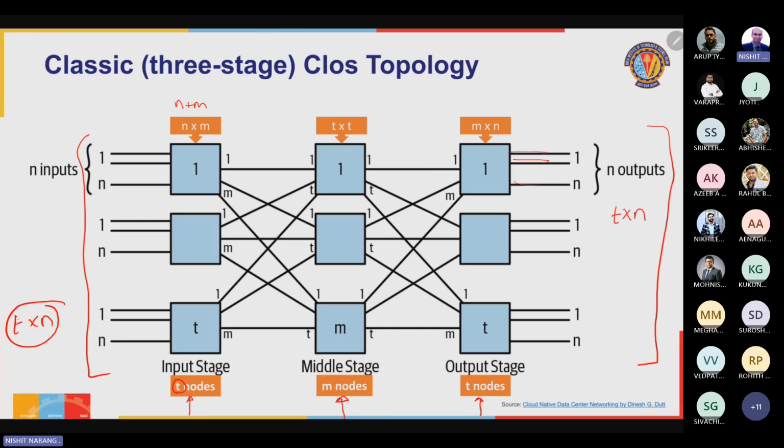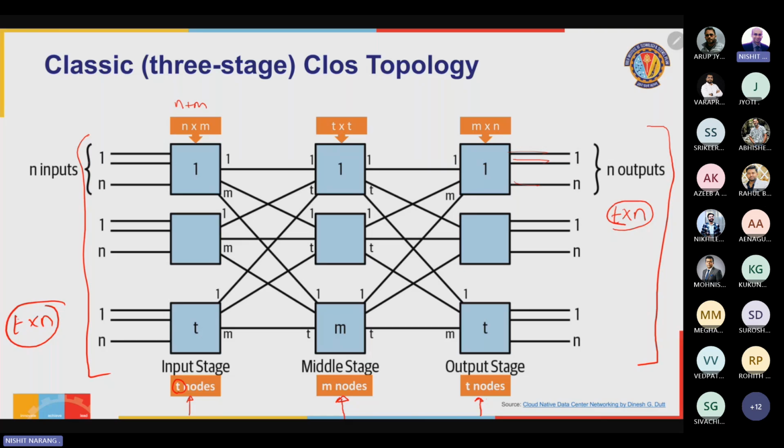So in a way, I'm saying I can create T cross N pairs of calls through this network without facing any congestion. That's what we are trying to do. We have T cross N total inputs, T cross N total outputs, and we are trying to create T cross N pairs of calls between these inputs and outputs by using a middle stage, creating a three-stage topology. Okay, so this is what Clos topology enables you to do.